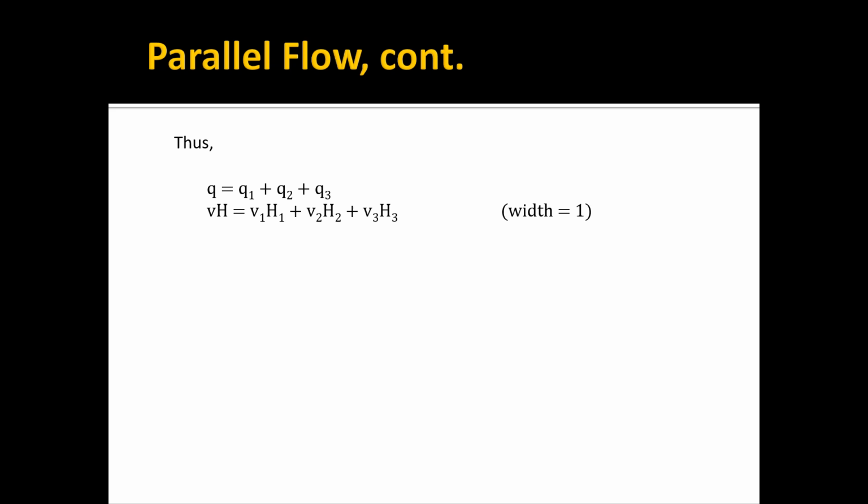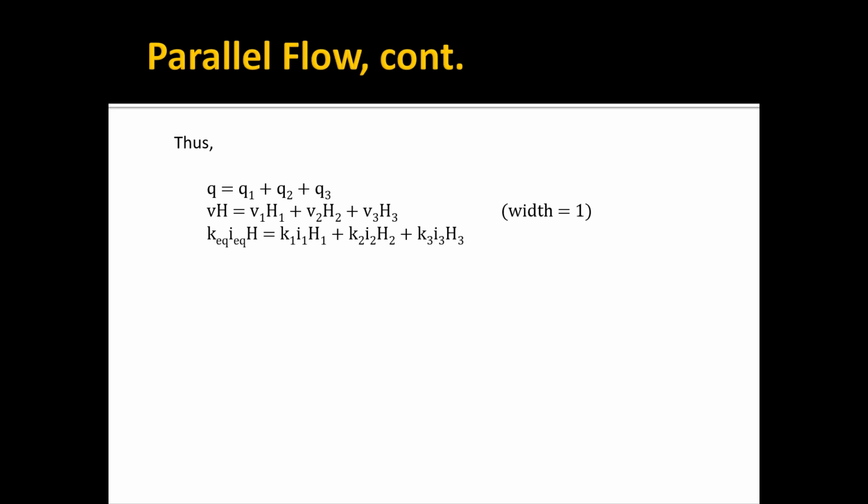And then if we're looking at the system as a whole, the velocity times the total area, which is H, the total height times 1, is going to be equal to V1H1 plus V2H2 plus V3H3. Then we apply Darcy's law and replace each V with Ki.